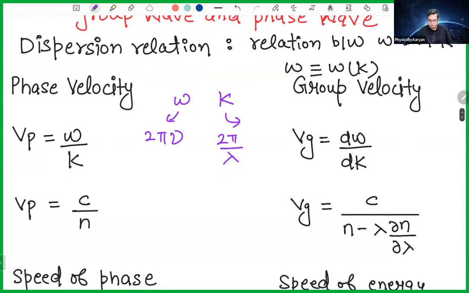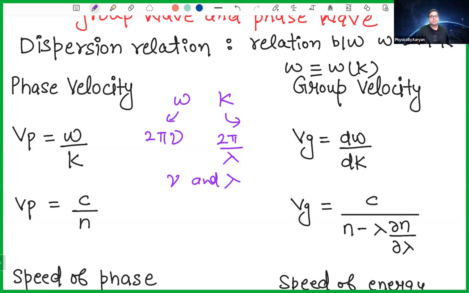So what is the relation between frequency and wavelength, or between omega and k? That is very important. If you change the wavelength, how will your frequency change? That will decide all kinds of speeds. Group velocity or phase velocity, all the velocities are decided by this dispersion relation.